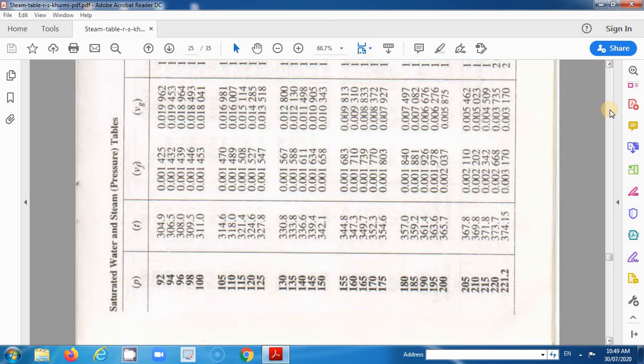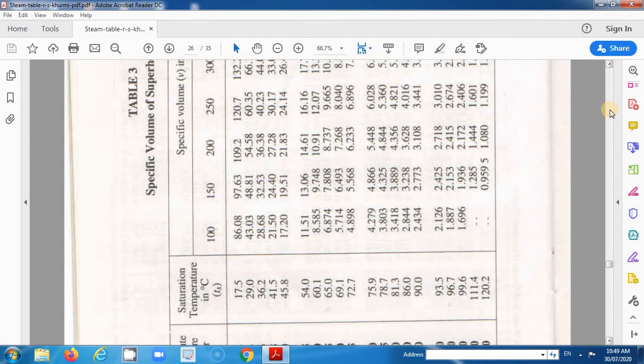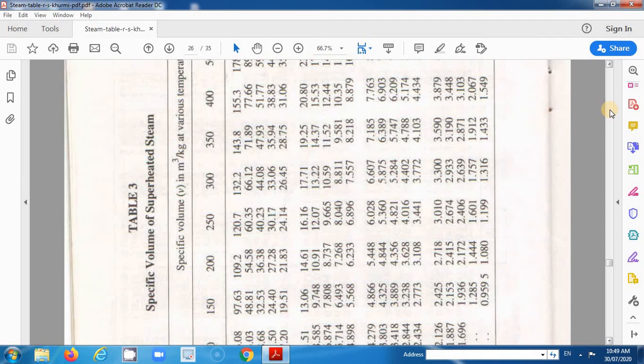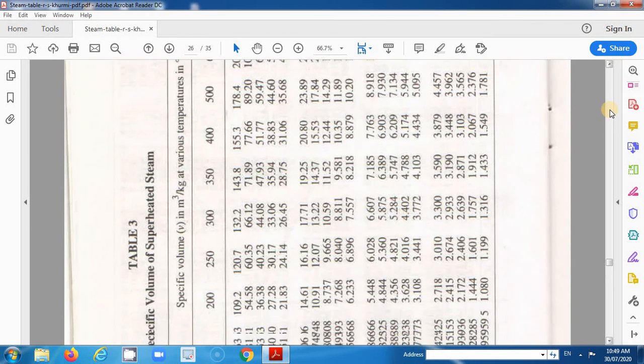Okay. Similarly, third is specific volume of superheated steam. Specific volume in meter cube per kg at various temperatures, these values are given.